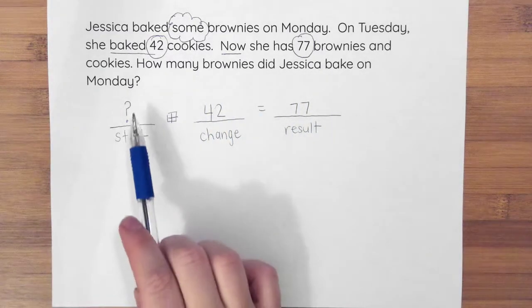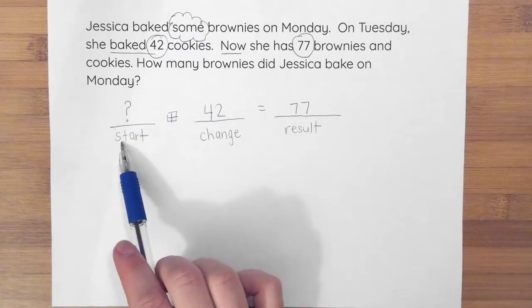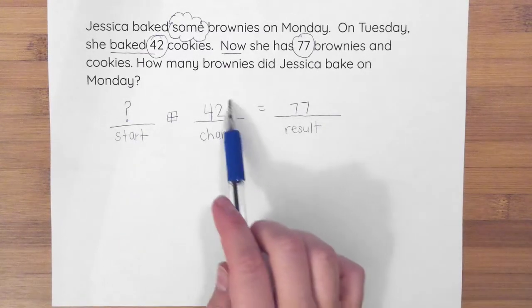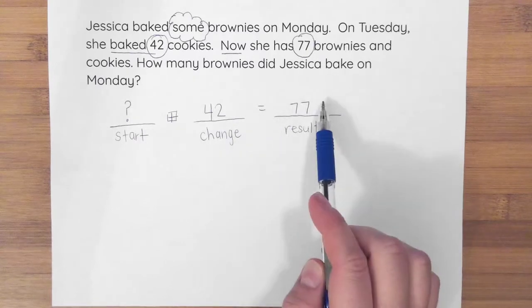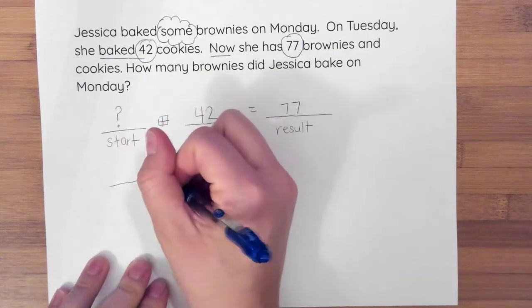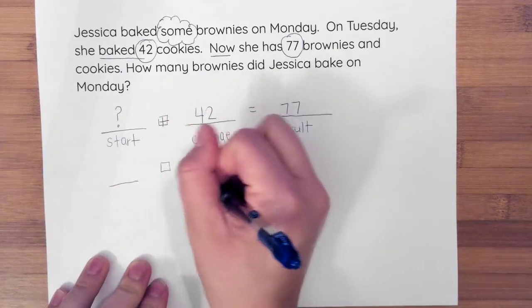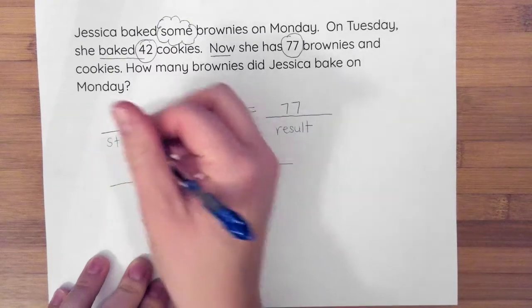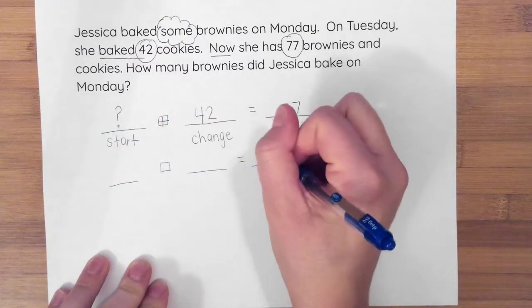And if I look at that, I see I don't know how many she baked on Monday. I know she added some more by baking some more cookies on Tuesday. And now she has a total of 77. So if I'm thinking about this, I want to rearrange this problem, if we remember, so that my unknown, my question mark, is at the end.